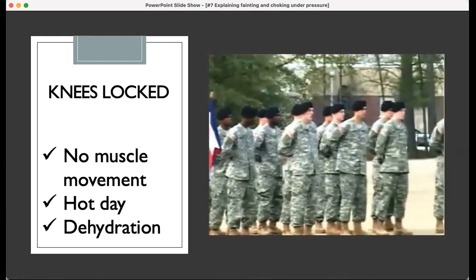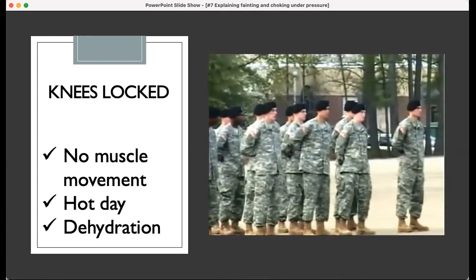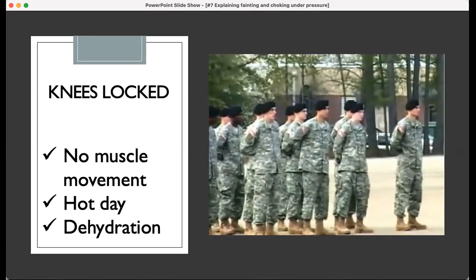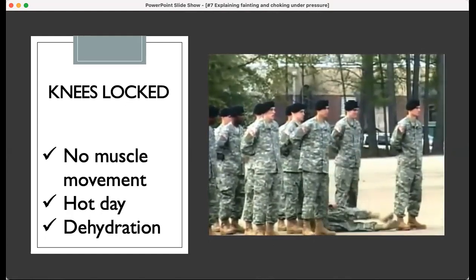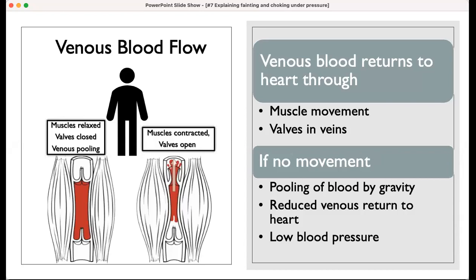Now notice this guy that's standing at attention, he's starting to lose a little bit, and then he just passes out. This happens where people are standing and holding such an erect, upright posture that they're not moving their legs at all.